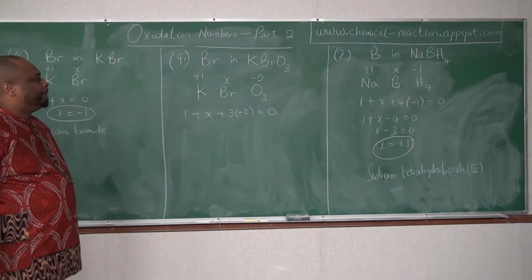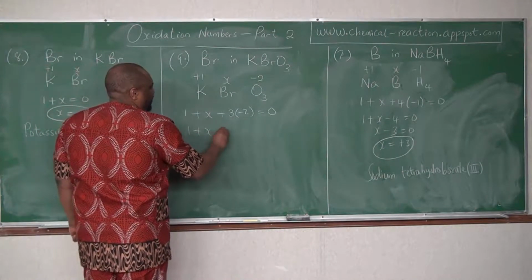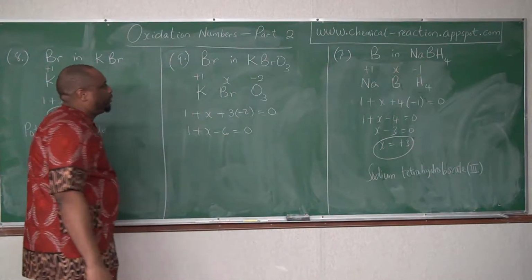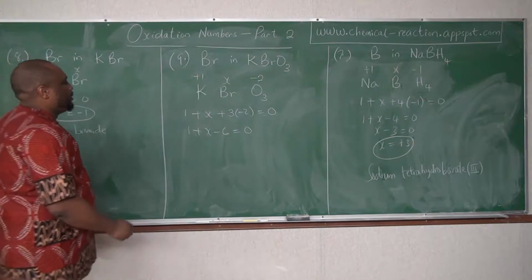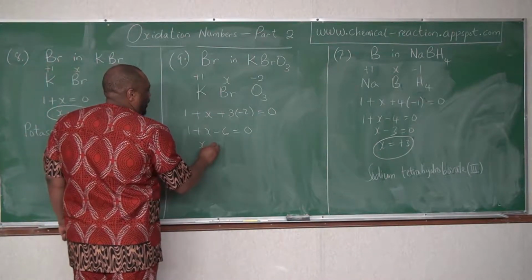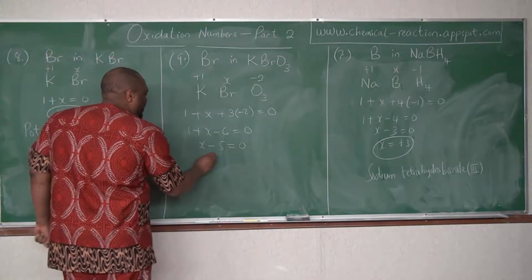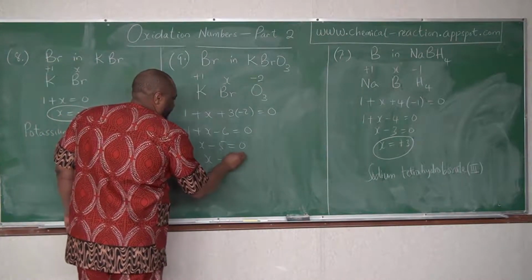So 1 plus X minus 6 is 0, so X minus 5 is 0. So X is +5.